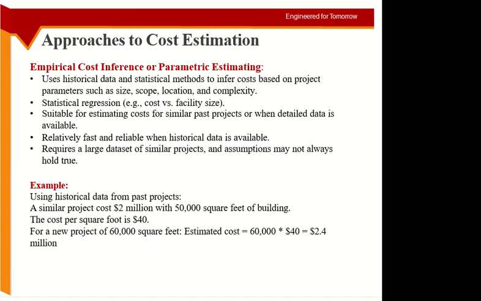But if you can find a similar project, then the work is very easy. You can see just okay, total cost, total size. You have the rate, multiply by your size. So this is very fast and usually reliable if you find historical data which is relevant. Okay, now if you look at the example, they have done it with one project only.